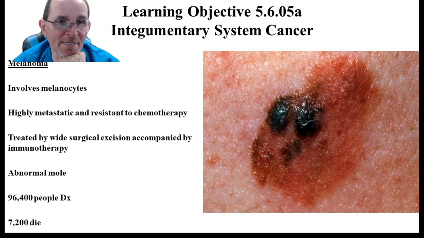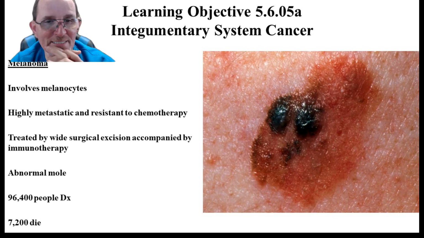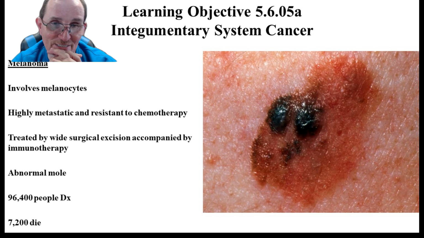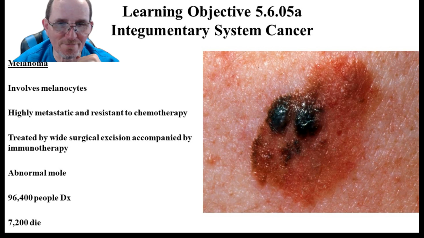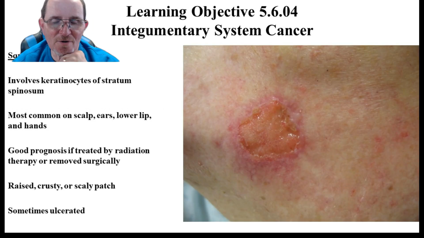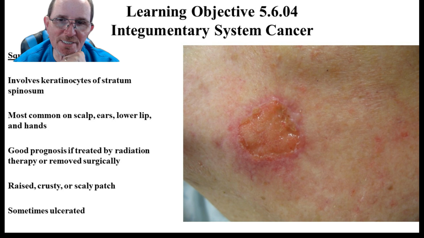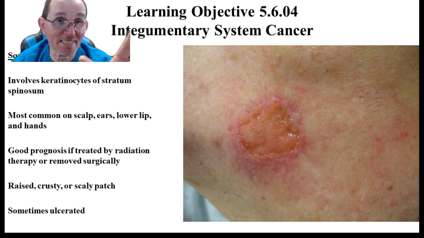And here's our bad boy, the melanoma, highly metastatic, resistant to therapy, chemotherapy, wide surgical. Oh, I should have told you guys. As far as this guy, what they do is they do a football-shaped incision and try to get clean margins.